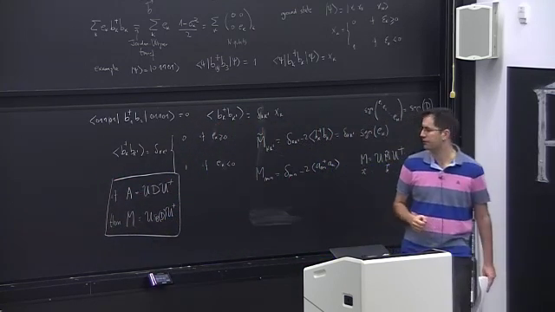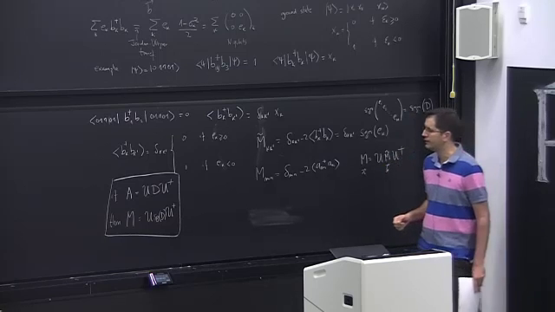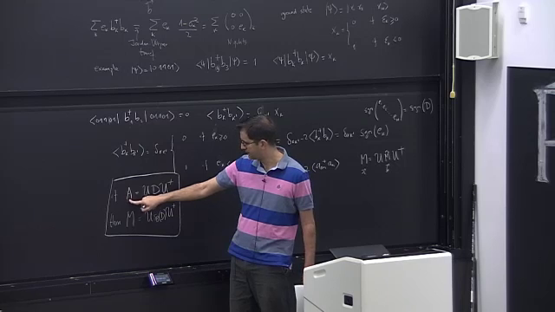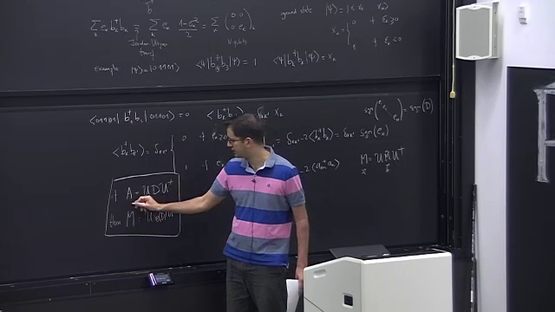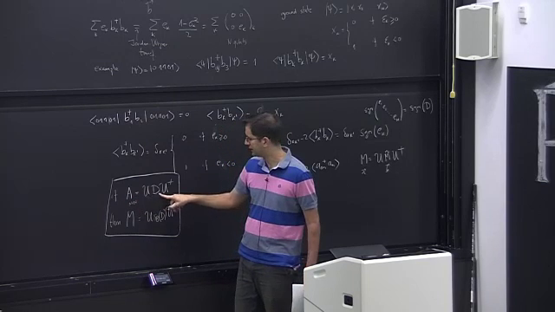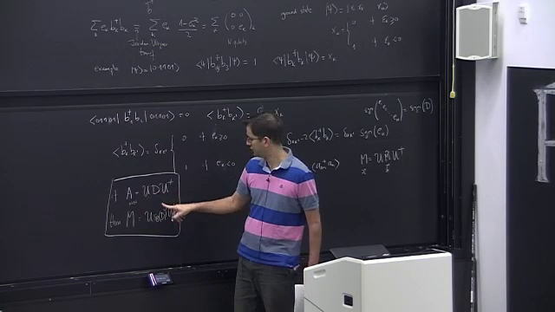That the correlation matrix for the ground state is obtained in a very simple way. You take the n times n matrix that represents the Hamiltonian, you diagonalize it, you take the diagonal part, and you just replace it.